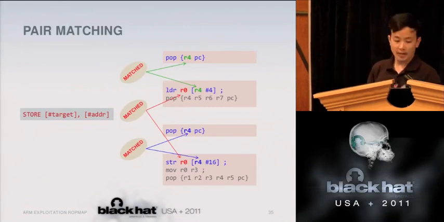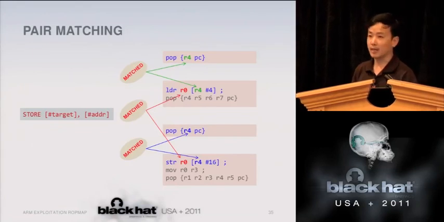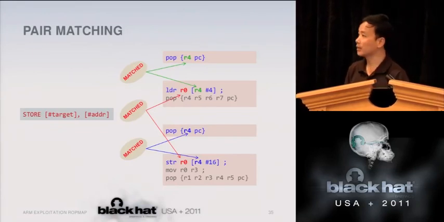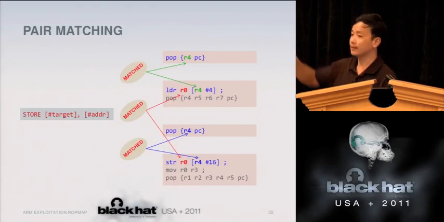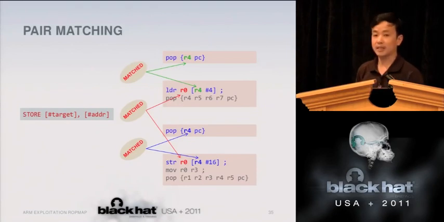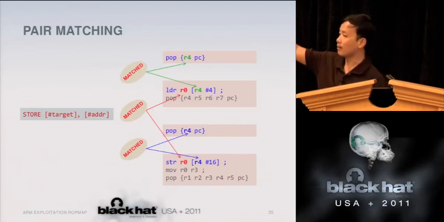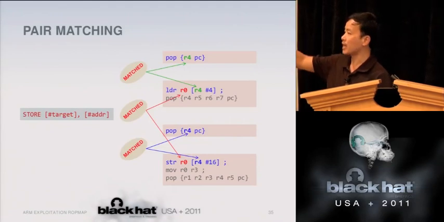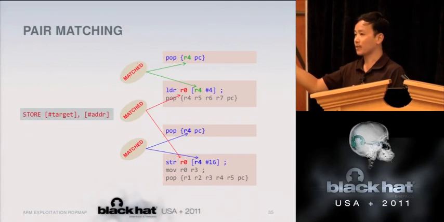So it matches. And we know that the value of the address must be loaded into register R4. Again, in our candidate list, we found pop R4 PC, so it can be matched. So our tool will generate a chain of gadgets for the store instruction.